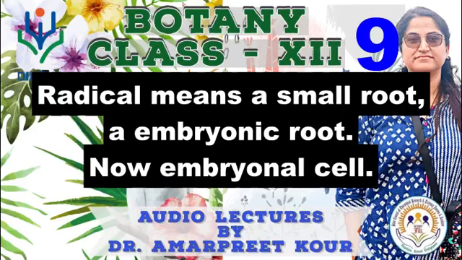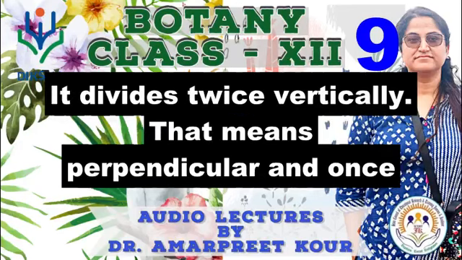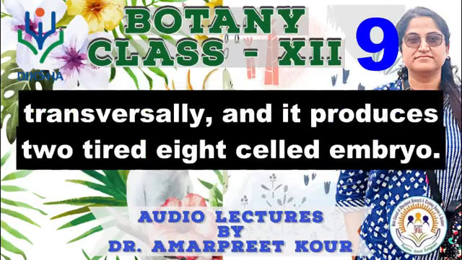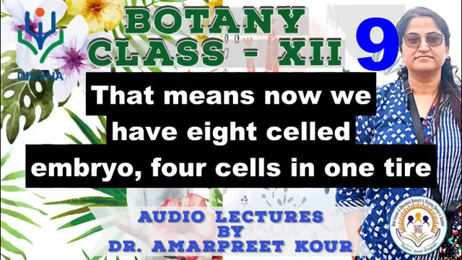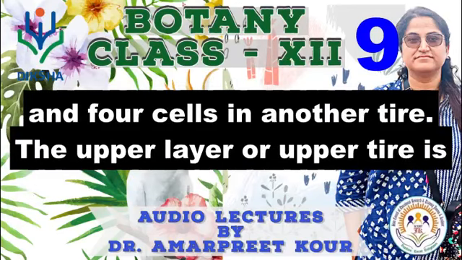Now embryonal cell divides twice vertically, that means perpendicular, and once transversely, and it produces a two-tiered 8-celled embryo. That means now we have 8-celled embryo, 4 cells in one tier and 4 cells in another tier.